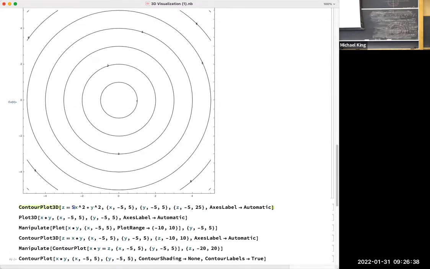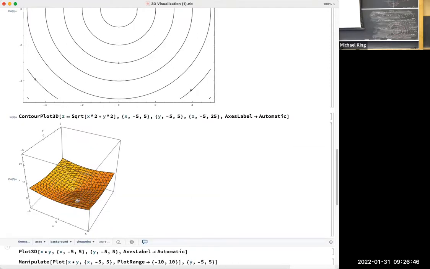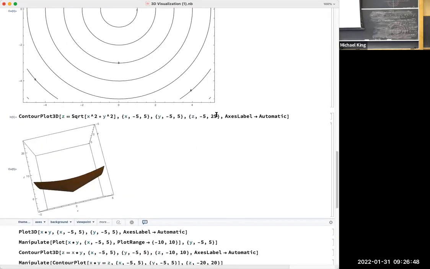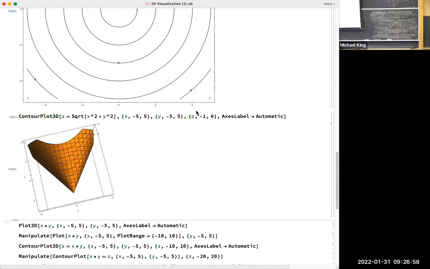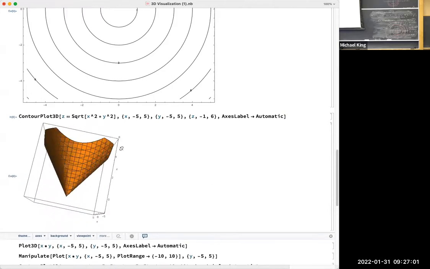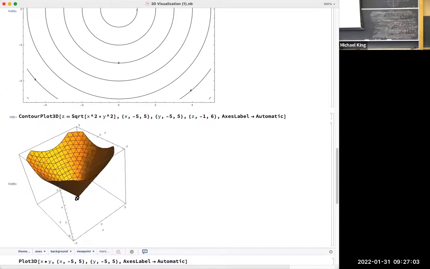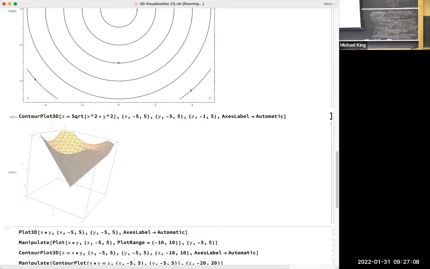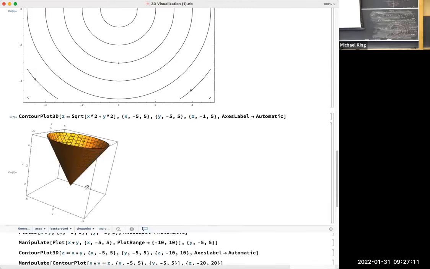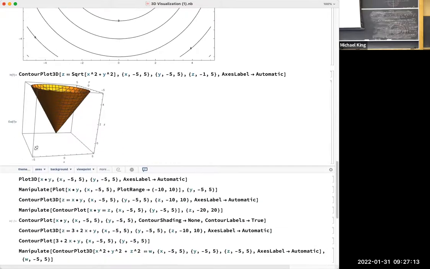So there's the square root. This will work. Oh, what did I do? Oh, you know what? I need to change these. I can do -1 to 6. So do you see the cone? Yeah, there you go. There's a good cone.